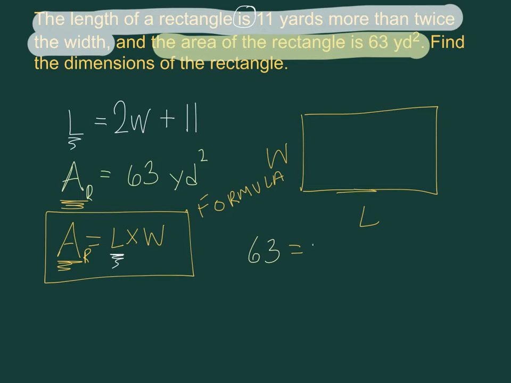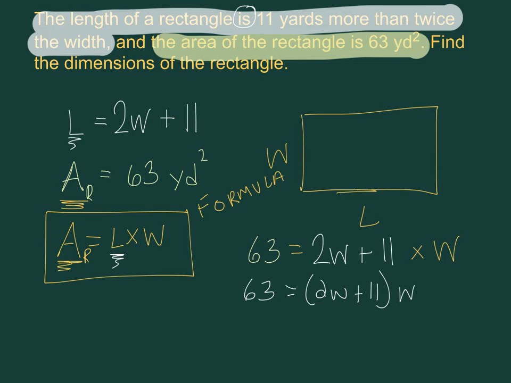Well, I know the length is 2 widths plus 11, and it is going to be multiplied by W. Now, I'm going to rewrite this just a little bit because I want to see it in a different light. It's going to actually be (2W plus 11) in parentheses times W. That times just turned into a parentheses, and that is perfectly valid. You can do that.